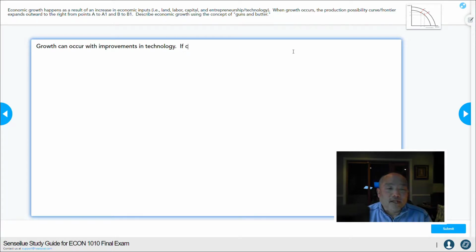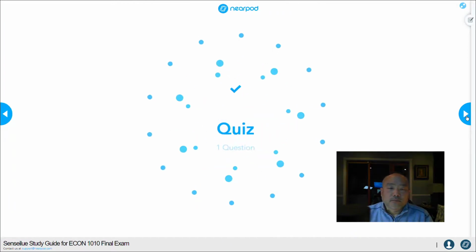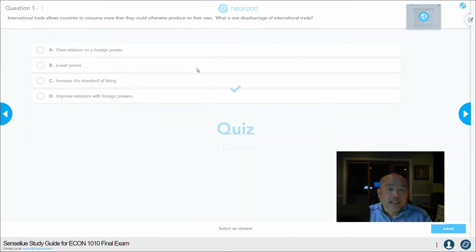If capacity increases, this changes the production possibility curve. That's essentially it. We have more options. More capacity, more options. Okay.